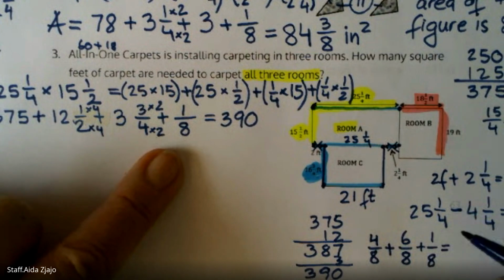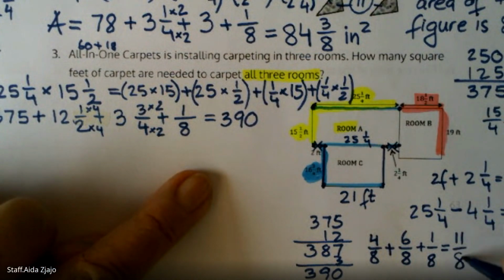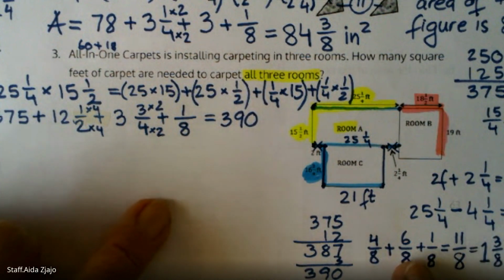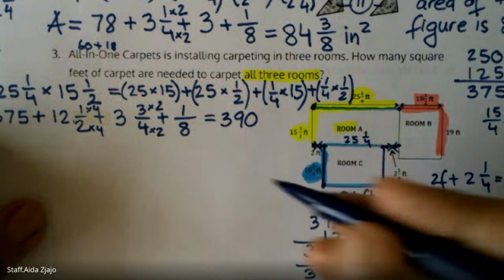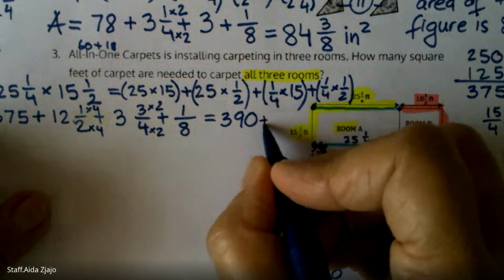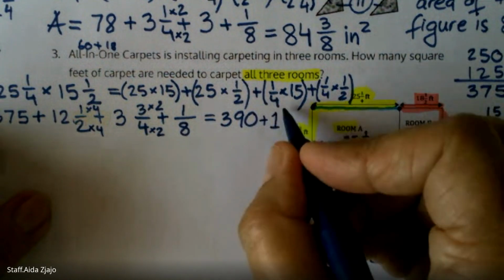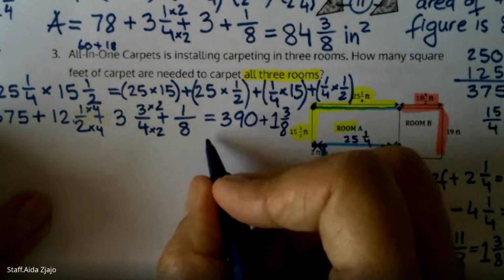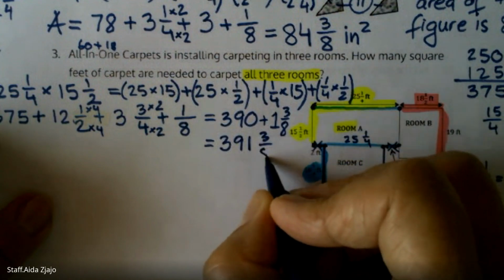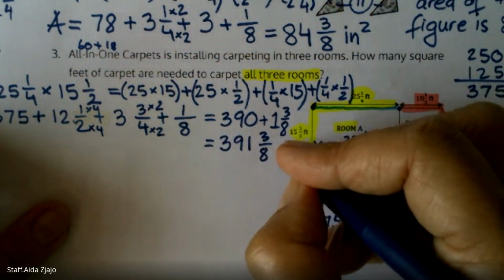That equals 11/8. And 11/8 is 1 whole and 3/8. 8/8 will make a whole, and 3 out of 11 will still be there. So that makes 390 plus 1 and 3/8. Total is 391 and 3/8 square feet.